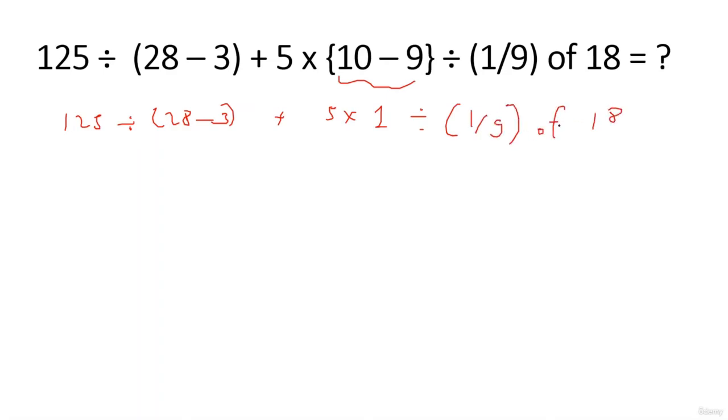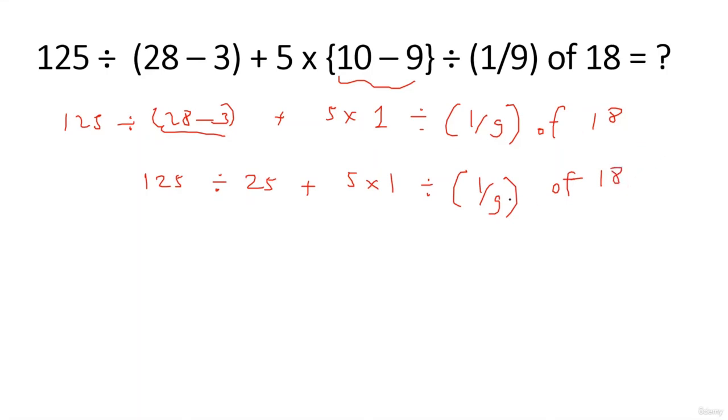Again one more bracket is remaining guys, this 28 minus 3. तो अब हम next वो solve करेंगे. So the question is 125 divided by 28 minus 3 is 25 guys, plus 5 into 1 divided by 1 by 9th of 18.